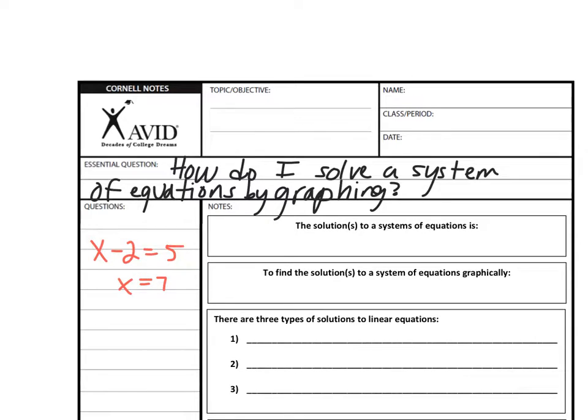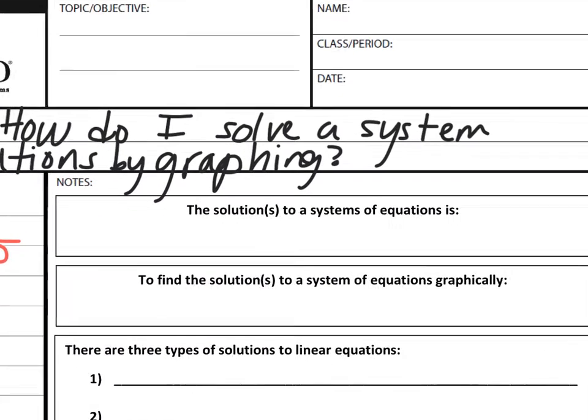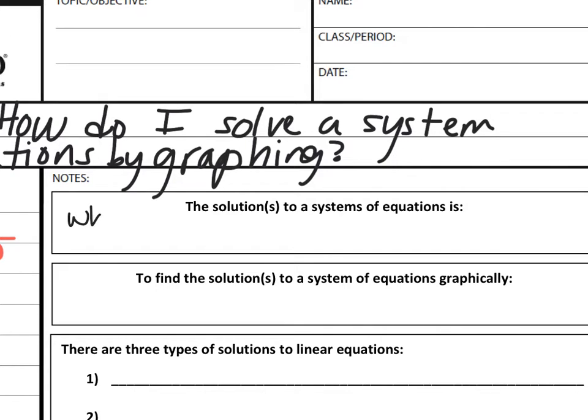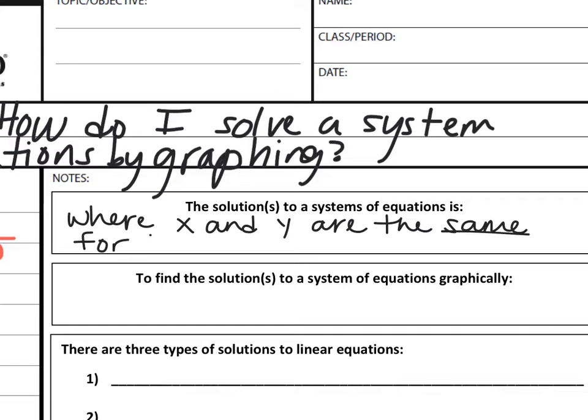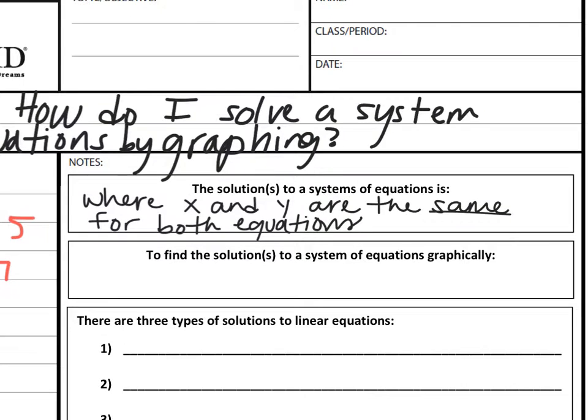But when we're talking about a system, we're talking about two equations at once. And so the solution is where x and y are the same for both equations. We find the solution.